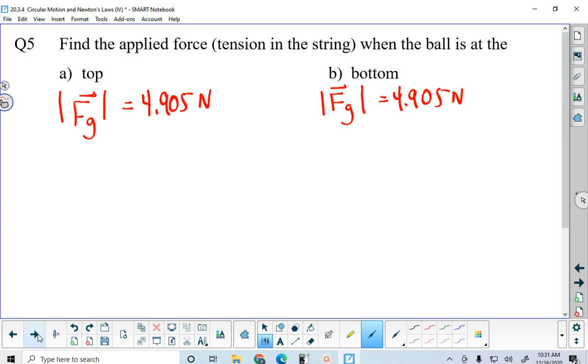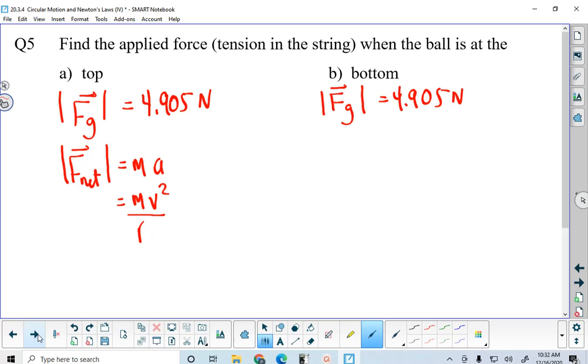Let's calculate the net force. So how do we calculate the net force? We go m times a. What is another thing I could call the net force? I could call it the centripetal force, but I'm choosing net. How do we calculate the acceleration for an object moving in a circle? It's v squared over r.